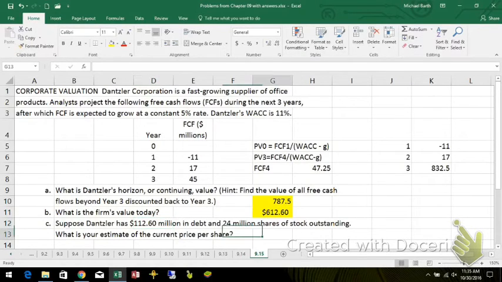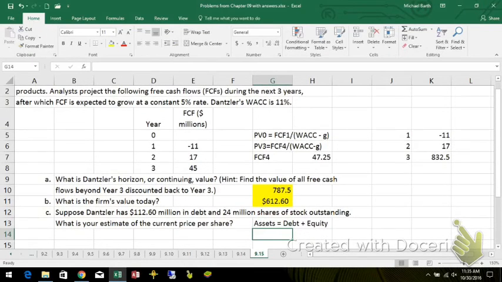$112.6 million in debt. So the assets are equal to debt plus equity. What we're saying is that the assets will be worth $612.60 today on a present value basis. $112.60 of that is stuff we owe to other people, so the value of the equity would be the rest.